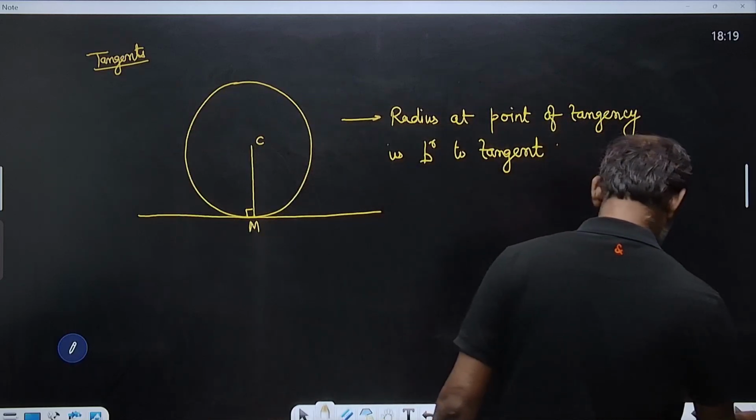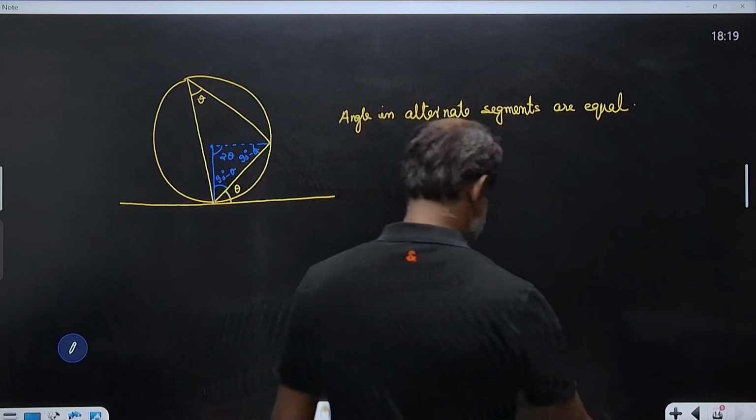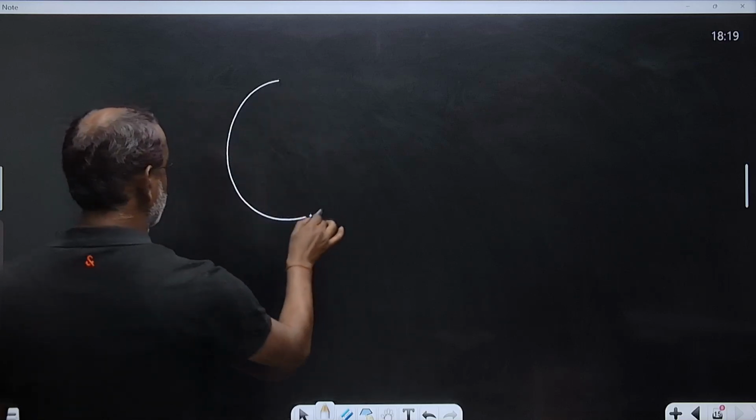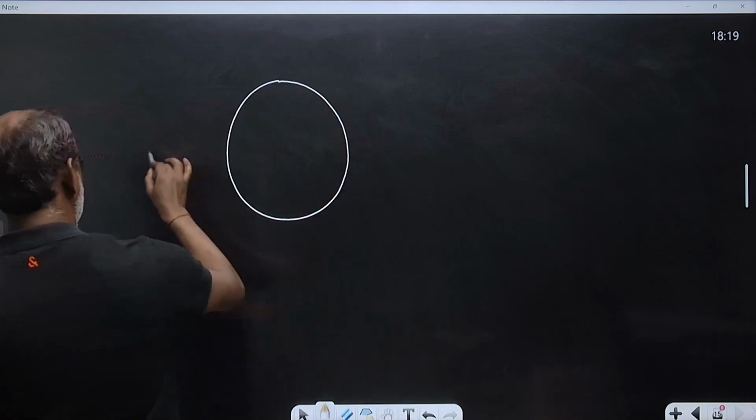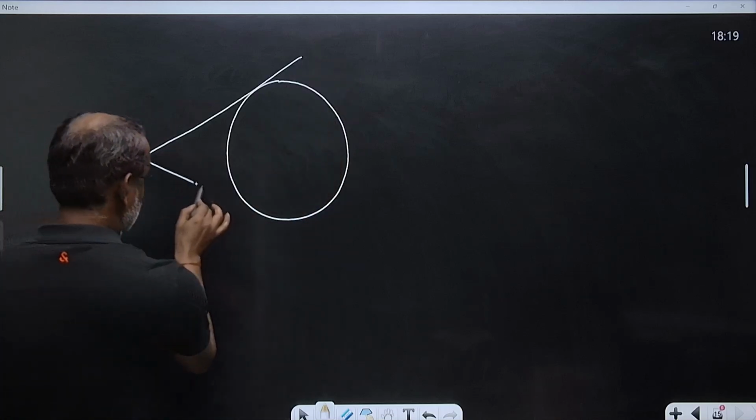Further, say you can draw two tangents from an external point. Okay.